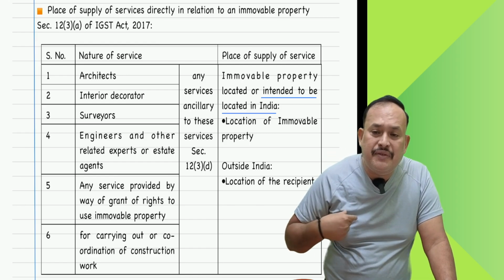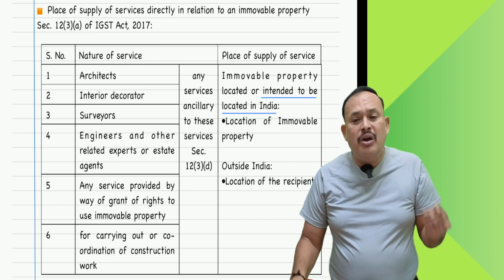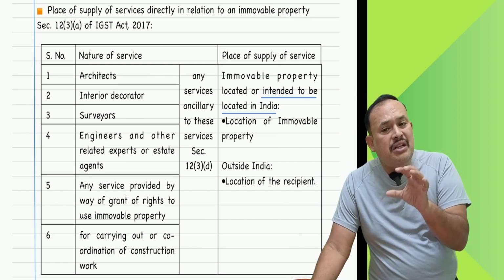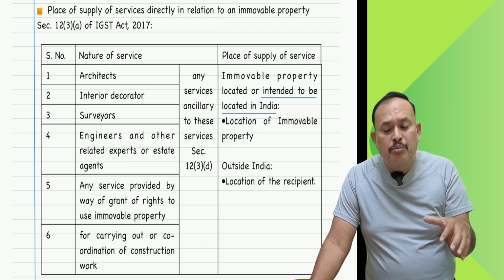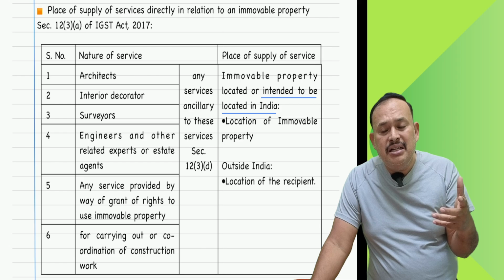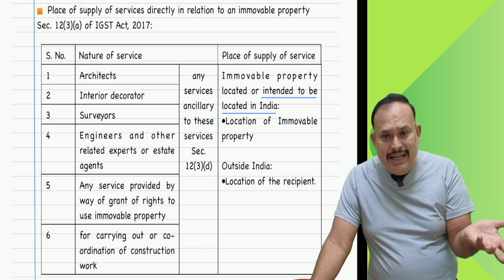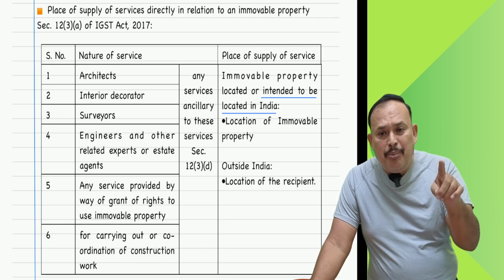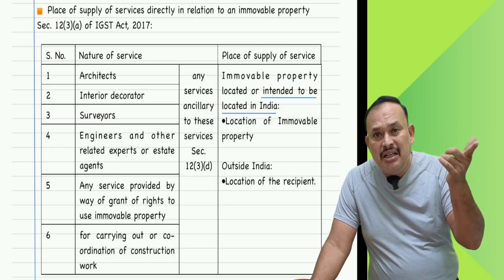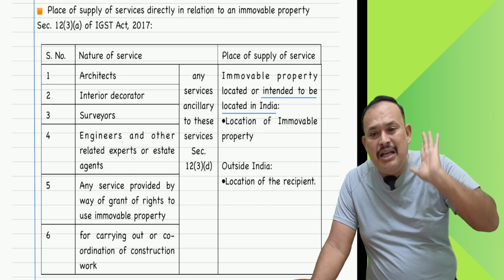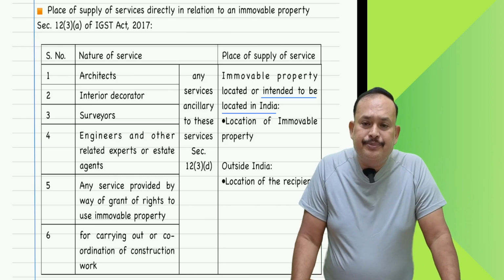Location of supplier is Chennai. Location of recipient is Mumbai. Both of them are in India, but the property to which I am providing services is located outside India, namely Singapore, for example.